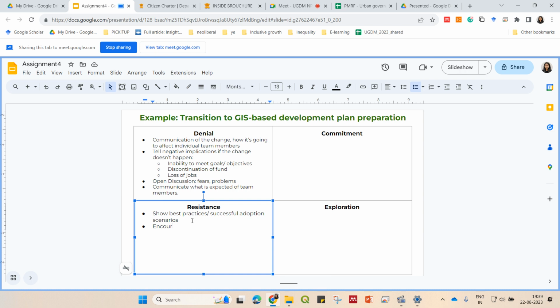Everything they fear is not going to be true. There will be challenges. You should not lie to them or make false promises. You should communicate very clearly that there will be challenges, but it is possible to overcome them. So maybe we can write.